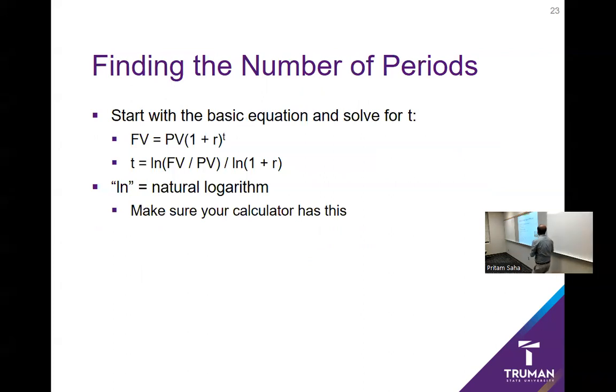So now we are moving on to calculate how to find the number of periods. If we know how much to invest today, the future value tomorrow, and also the interest rate, the discount rate, how can we calculate the number of periods from the problem?